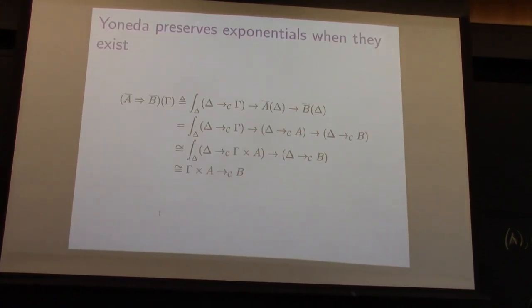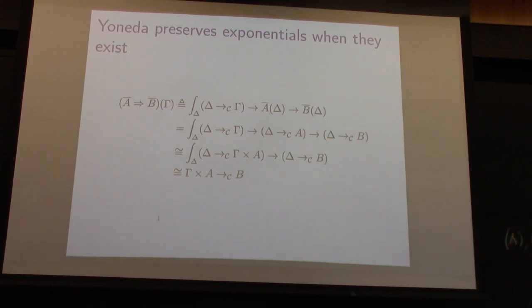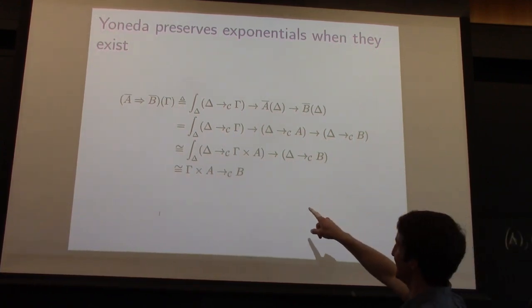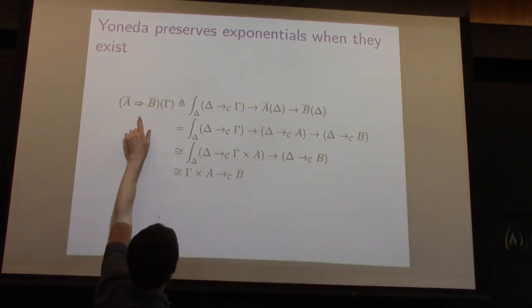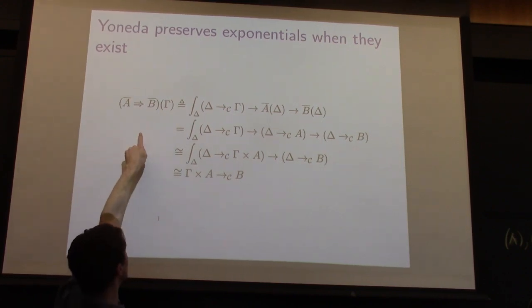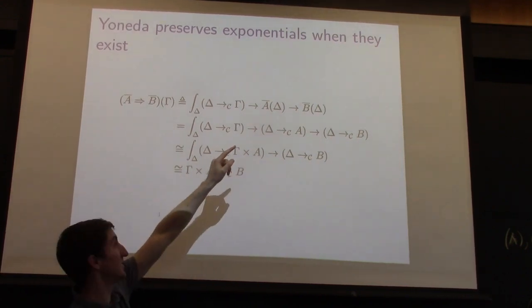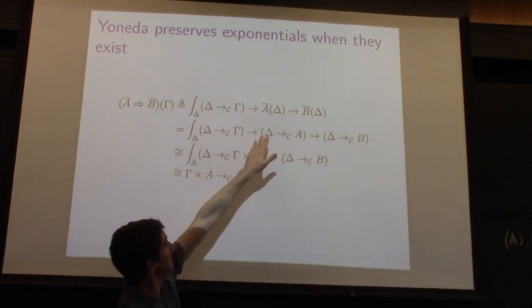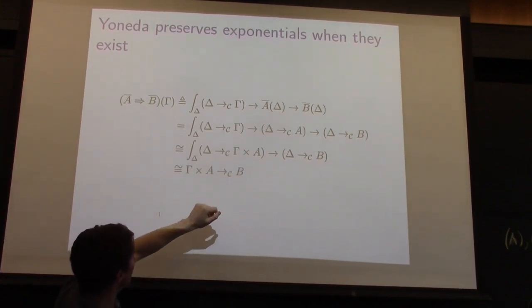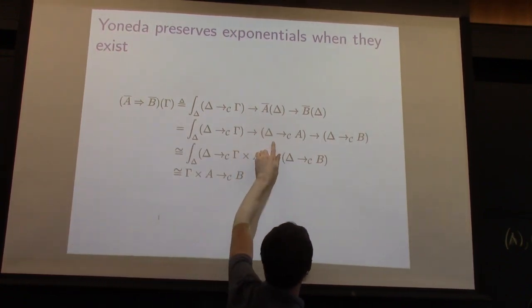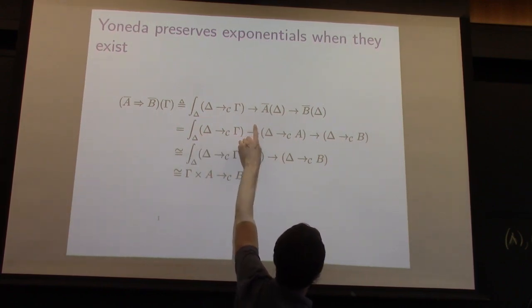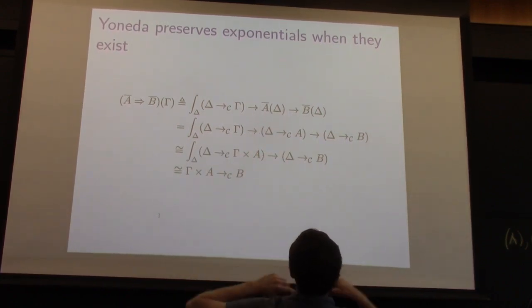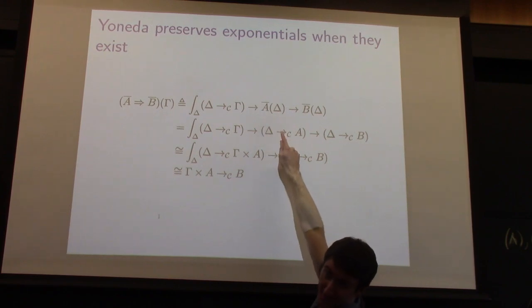Because here it is. That fact is right here. We have to use the definition of what it means to do the function space for presheaves, and that's this definition here. And here I'm just expanding out, this is by definition. Here I'm just expanding out what the Yoneda embedding means.